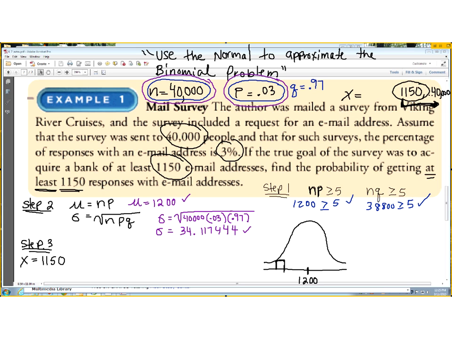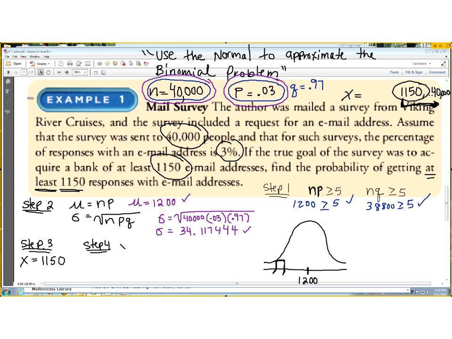I want at least 1,150. Okay, so when I look at this, I need to label where that rectangle, where that strip begins and where it ends. I'm marking those. They're a little bit slanted. All right, so that's what step 4 requires that I do.